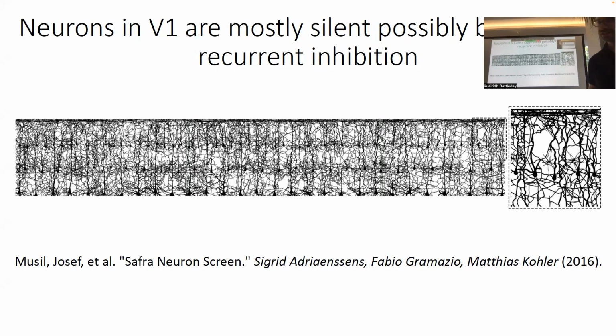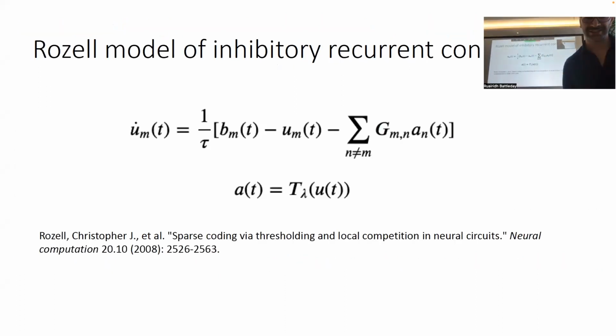One proposal is that the neurons in V1 are mostly silent, possibly because of recurrent inhibition. This is kind of an architectural design. It's not real neurons. They took it from Ramon y Cajal and put it together. So you can look at it different ways. I look at recurrent connections. And this is the Rozell model of inhibitory recurrent connectivity, which is similar to Wilson-Cowan.